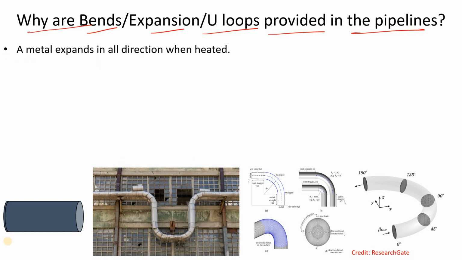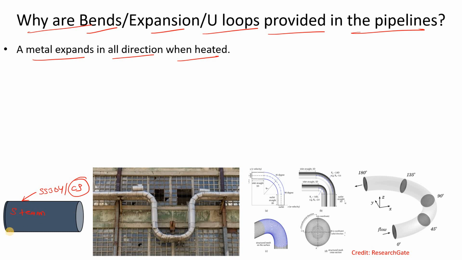So as we know, metal expands in all directions when heated. Okay, that's why we read about thermal expansion, thermal contraction, right? So see, this is your one pipeline. Let's assume that the MOC of this pipeline is SS304, or let's assume carbon steel, right? And let's assume that because the MOC is CS, the fluid flowing through this pipeline is steam.